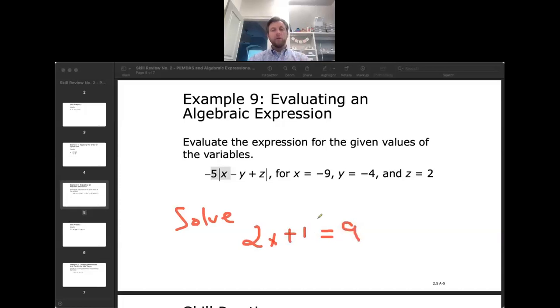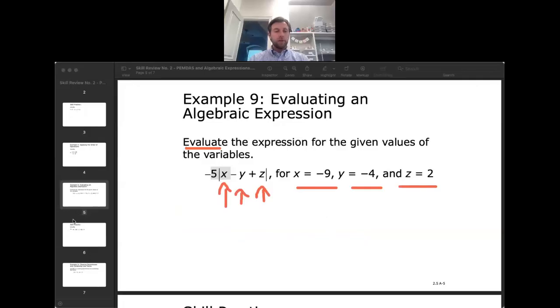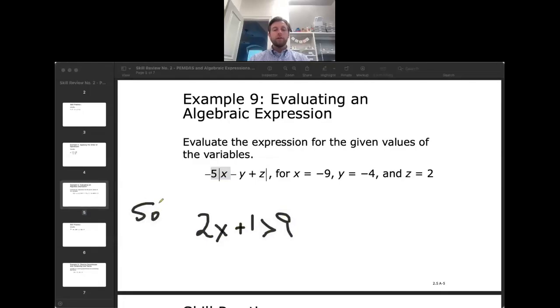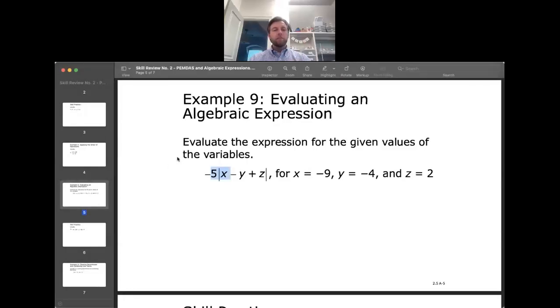So solve here means you're going to have an equal sign, or you could possibly see an inequality. When you see solve, you'll either have an equal sign or an inequality. And so that's where you add the opposite, do it to both sides, things of that nature. We'll finish with that at the end, as we wrap up with our review, just to give you a heads up.